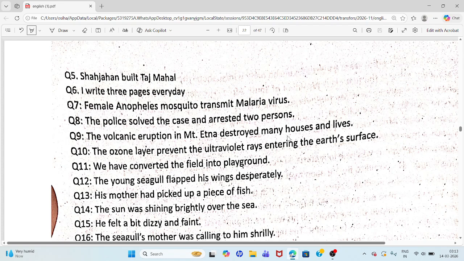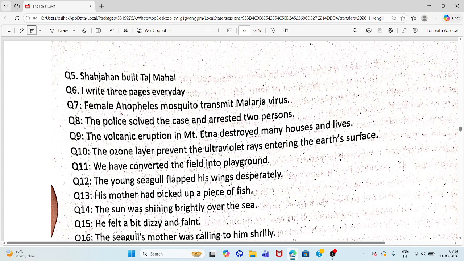In passive voice, many houses and lives were destroyed by the volcanic eruption in Mount Etna. Question 10. The ozone layer prevents the ultraviolet rays entering the Earth's surface. In passive voice, the ultraviolet rays entering the Earth's surface are prevented by the ozone layer.